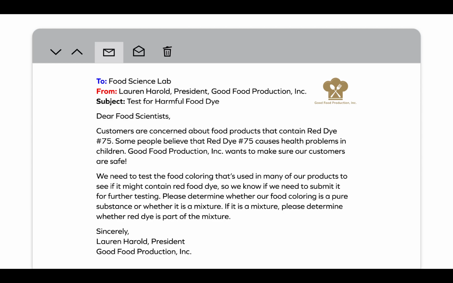We need to test the food coloring that's used in many of our products to see if it might contain red food dye, so we know if we need to submit it for further testing. Please determine whether our food coloring is a pure substance or whether it's a mixture. If it's a mixture, please determine whether red dye is part of the mixture. Sincerely, Lauren Harold, President, Good Food Production."